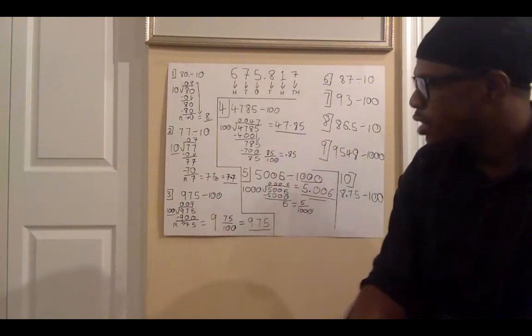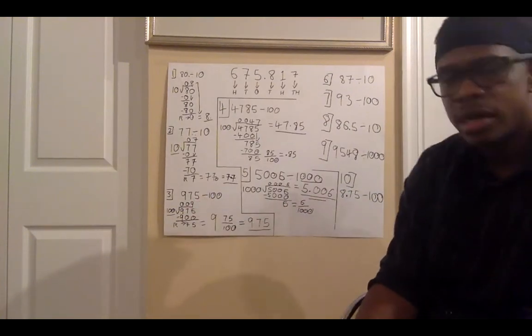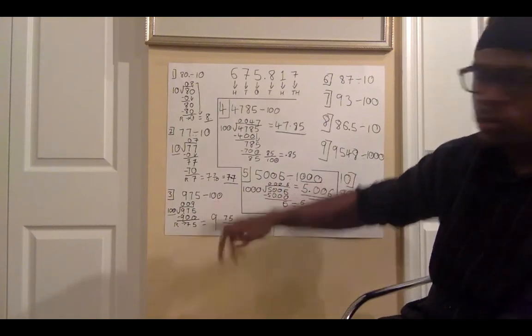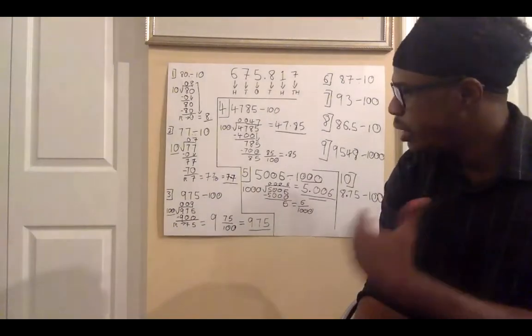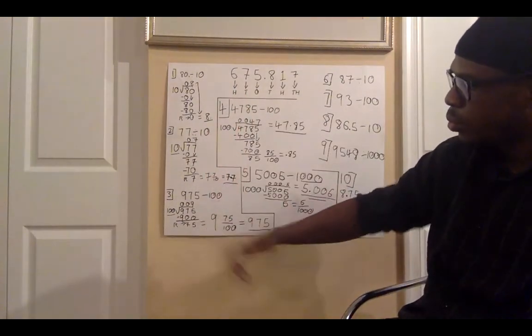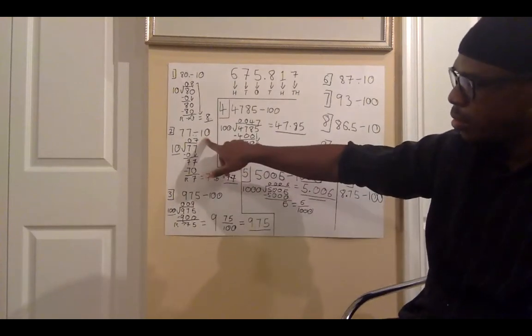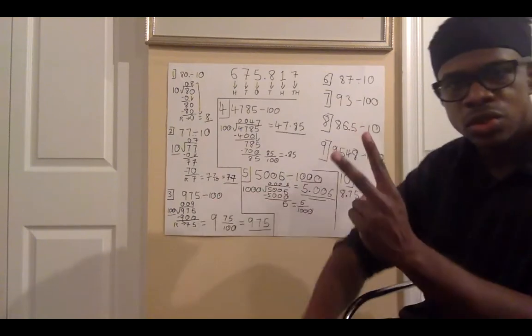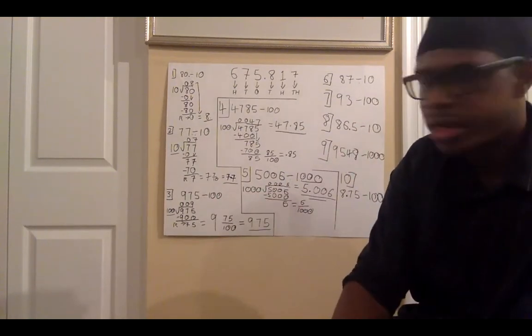We have 975. If we're dividing by 100, we're moving the decimal 2 times. A rule I like to follow is that the zeros let you know how many times you're moving the decimal point. So if I see 10, there's 1 zero, I know I'm moving it once. If I see 100, I see 2 zeros, I know I'm moving it twice.